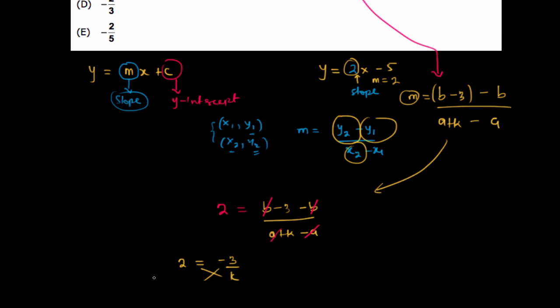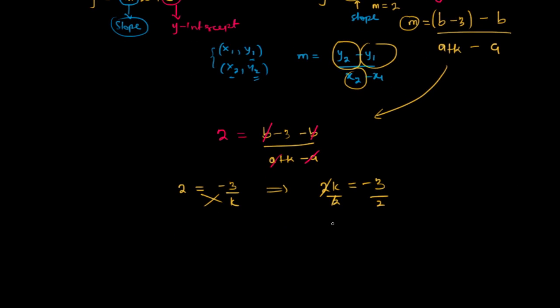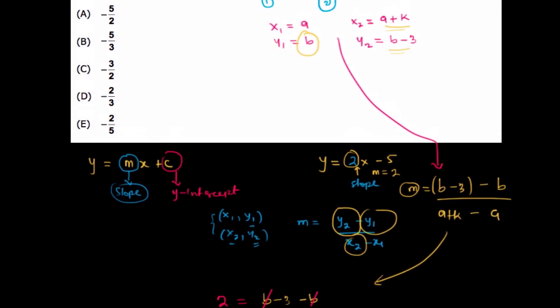To find k, you can cross multiply, so you obtain 2k = -3. Then you divide both sides by 2, and you obtain k = -3/2. So this is the value of k, negative 3 over 2.